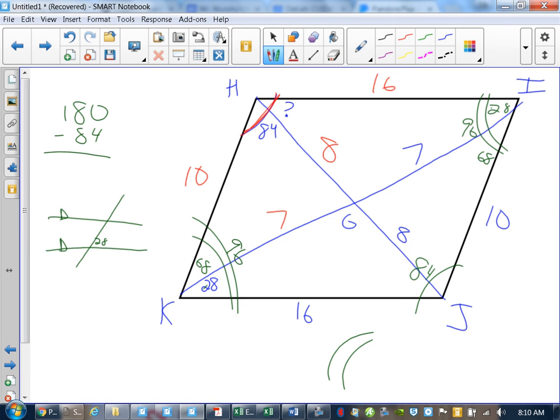If I take apart the one triangle and do that, everybody okay with that? Yep. Now, I know that this is 8, this is 7, this is 16, and this is 28, isn't it? Right back to that. What could I do?